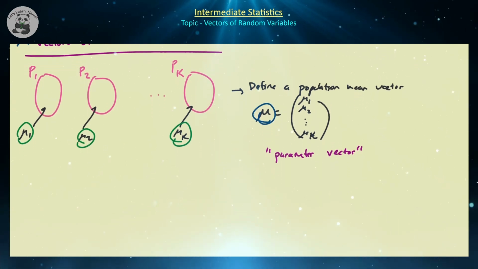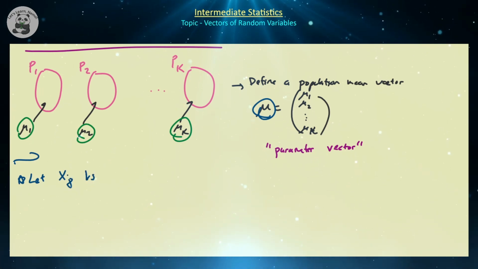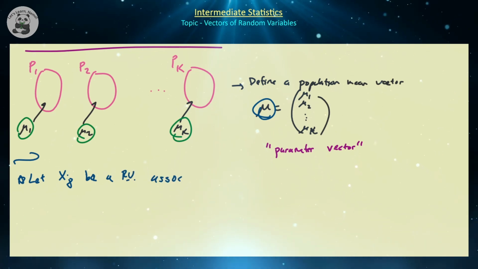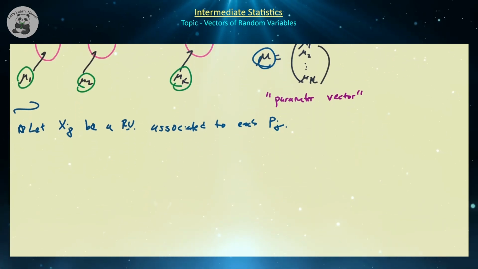So let us assume we gather a simple random sample from each of these. In particular, let Xj be a random variable associated to each population. For example, population 1 could be your blood pressure, population 2 the amount of happiness that you have, population K how much you slept last night, and so on. The collection of all those variables gives you some sense of a person.